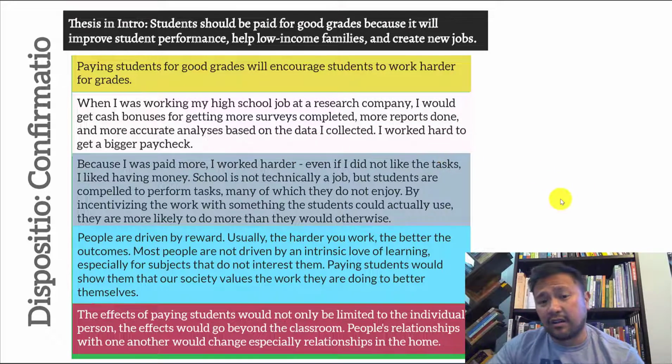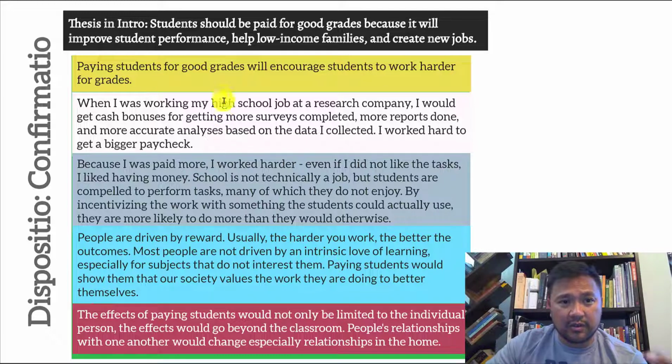I would pause here and read all of the examples so you can see what's being done in each of these sections. So topic sentence, evidence, which is a personal anecdote, explanation of how my evidence proves my point, a little bit of nuance thrown in there, talking more generally about people and life, and then transitioning to what my next body paragraph is going to be about.